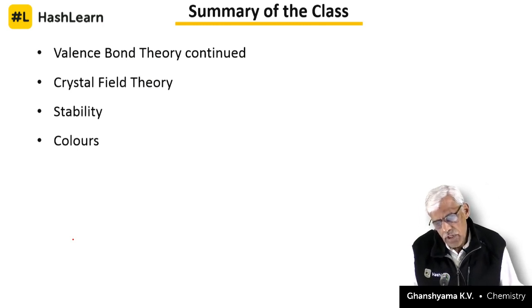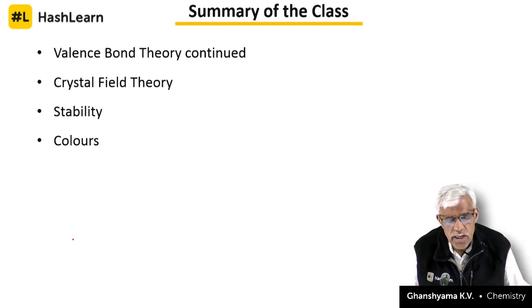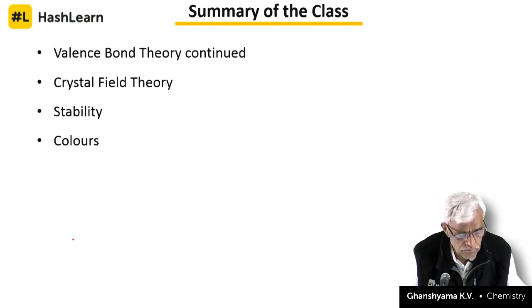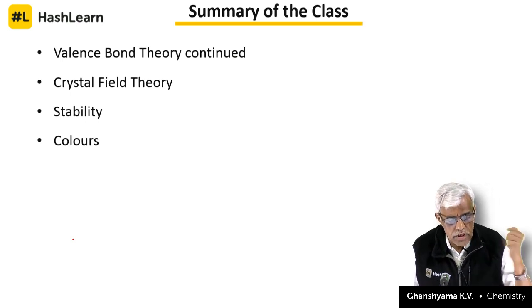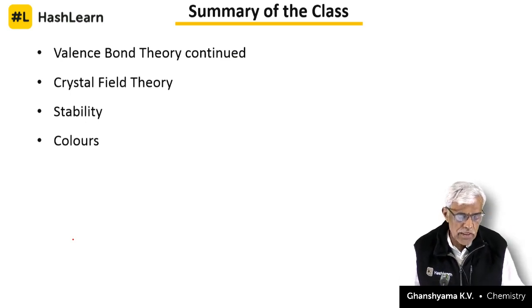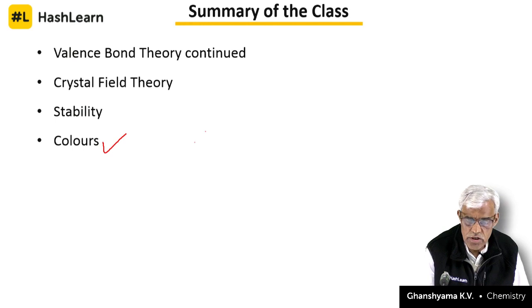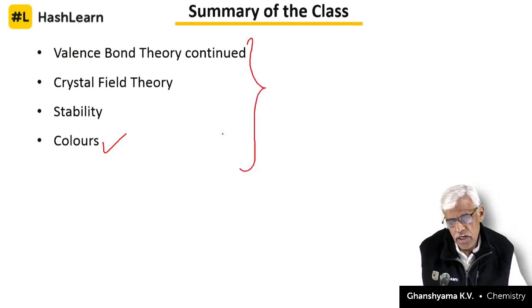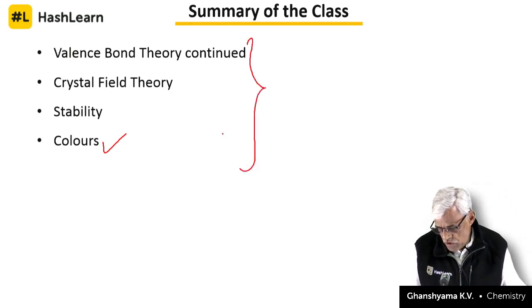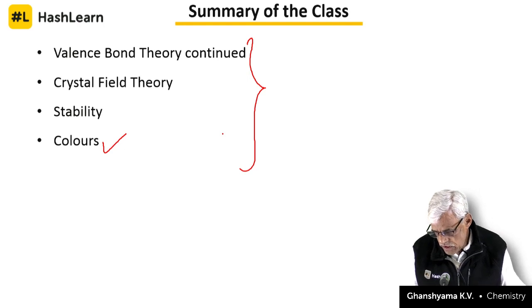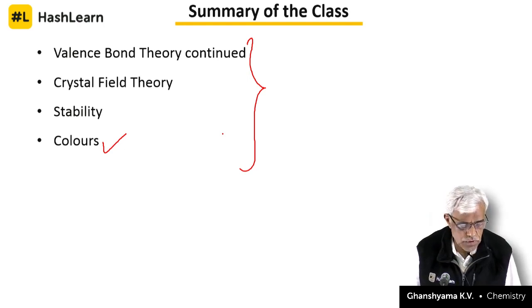After that, the theories to explain the formation of coordination compounds, the two theories, valence bond theory and crystal field theory. After that, I explained stability of the coordination compounds and the colors of the coordination compounds. This ends the chapter coordination compounds.